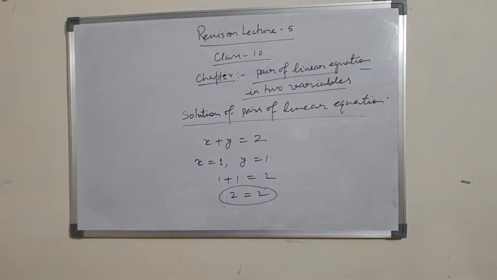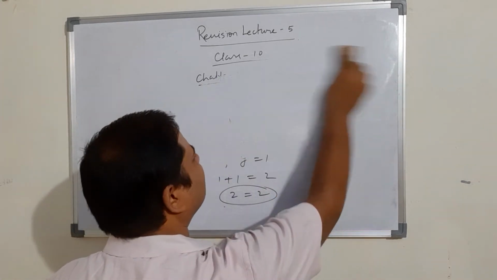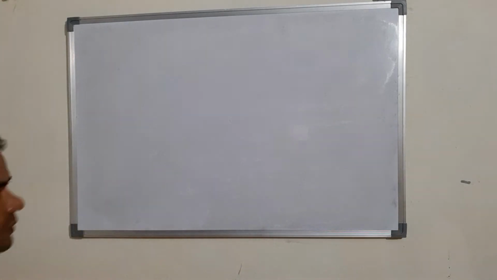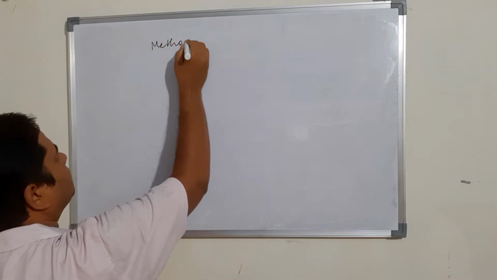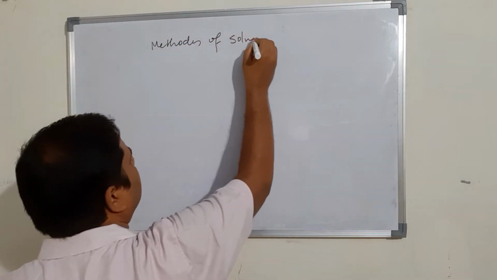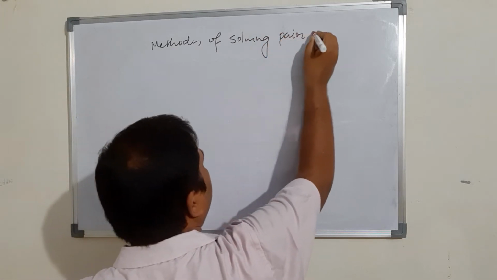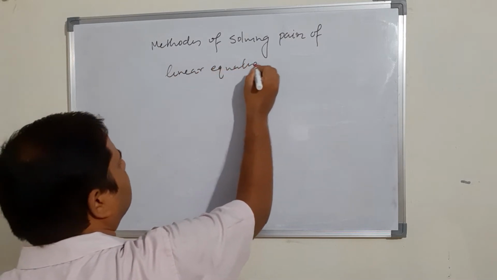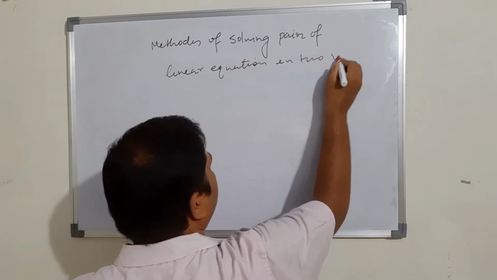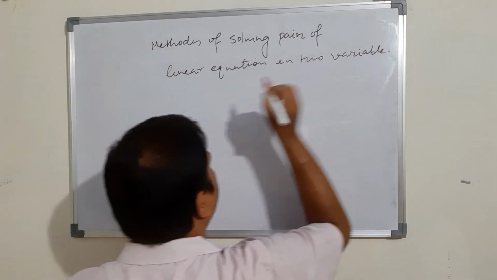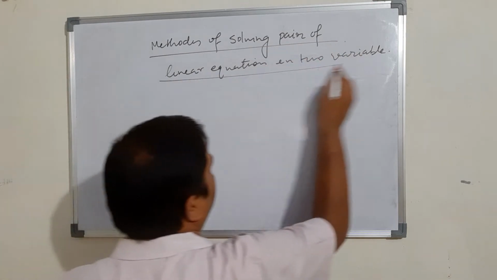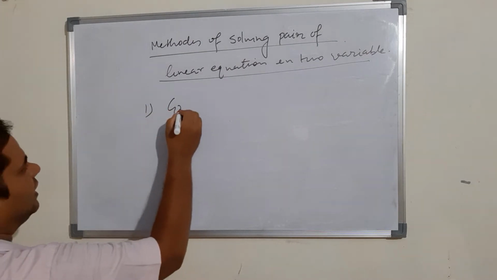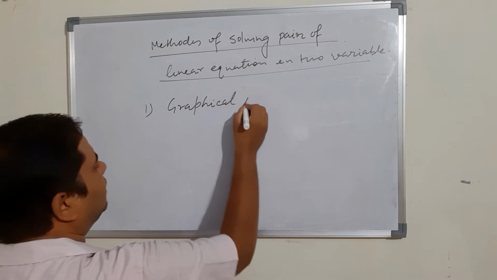Methods of solving pair of linear equation in two variable. So first method is graphical method.